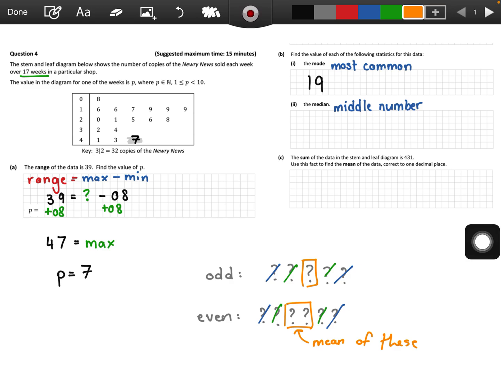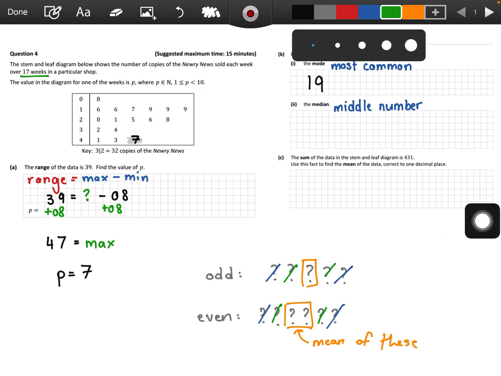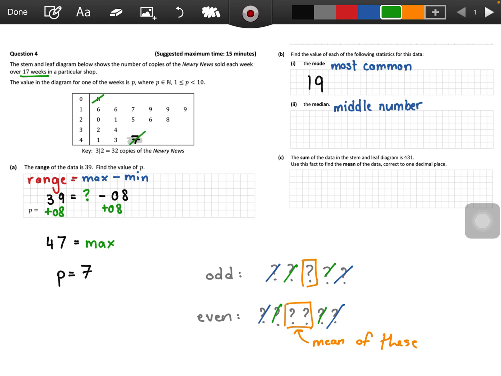We said there's a few ways of doing this, but one of the ones we used more often in class was to count in, getting rid of the first and last. If I was to do that here, let's use a green colour. If I get rid of the first and last, then I want to get rid of the next last 2 with the first 2.